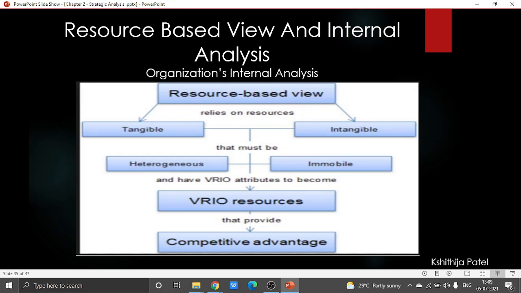Here what we have to remember is that you have a resource. We should be able to turn that resource into competitive advantage, not only for the short term, but also from a longer time perspective.